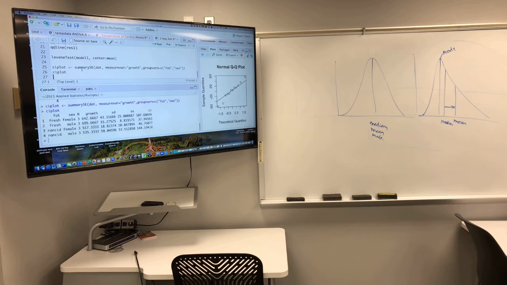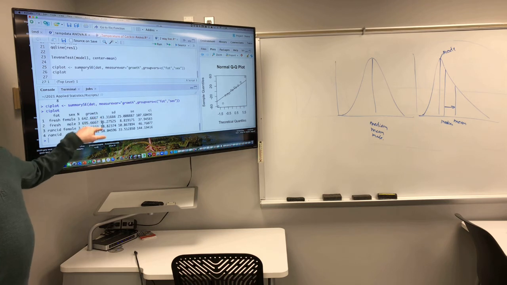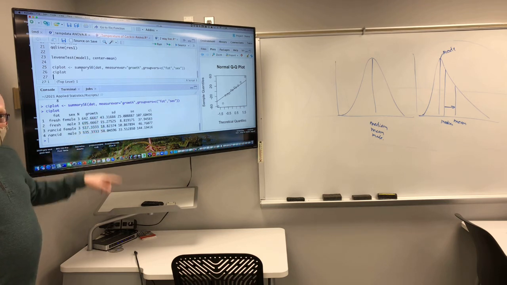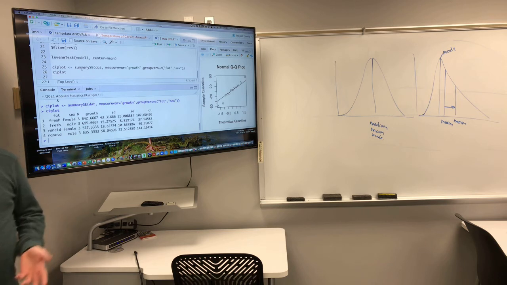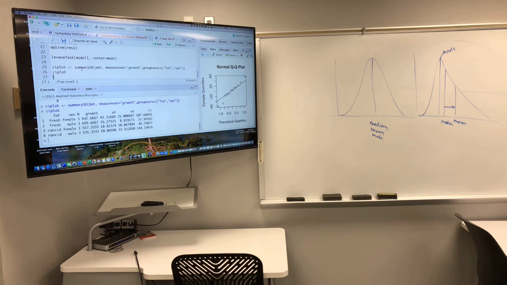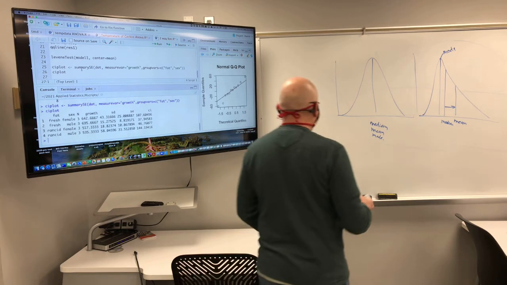That's not because you don't have problems with variances. It's because you don't have the statistical power to detect those differences, even though those differences are pretty big. You have a sample size of 3 for each of your different treatment combinations. So in the same way that you can't always just look at the p-value and take the p-value as the gospel. The p-value for the Levene's test was 0.246 or something like that.